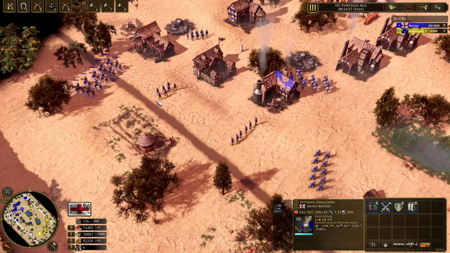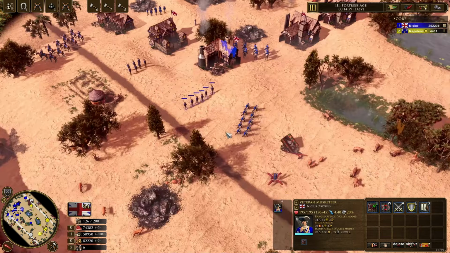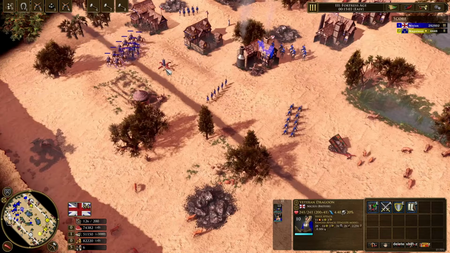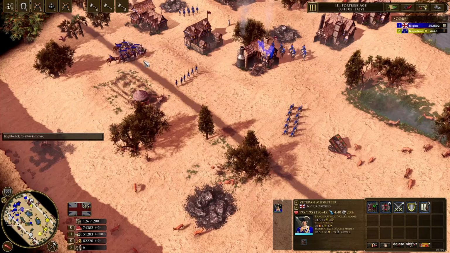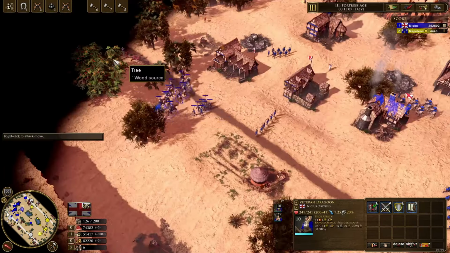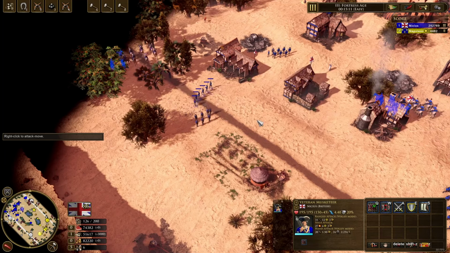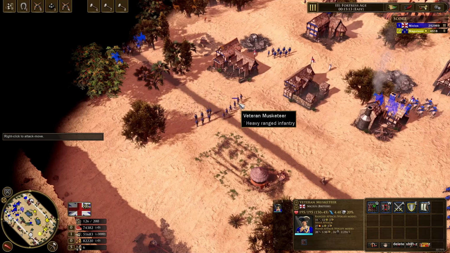However, if their musketeers approach your musketeers, with your pull trick you can essentially shoot and pull trick them back again. It's a little bit weird to demonstrate now because I don't have anything to attack.